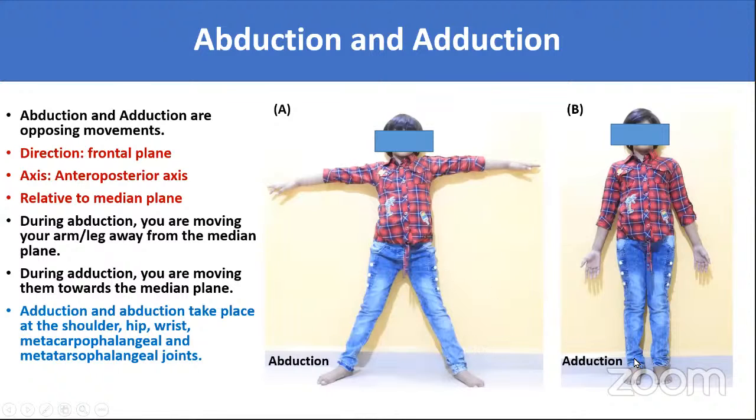When this individual spreads its hands and legs, then it is abduction. When these spread hands and legs are brought close to the body or to the median axis, then that process is called adduction. Now this movement takes place at the shoulder region, hip, wrist, or metacarpophalangeal and metatarsophalangeal joints.